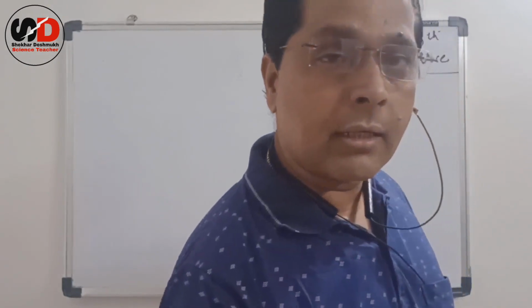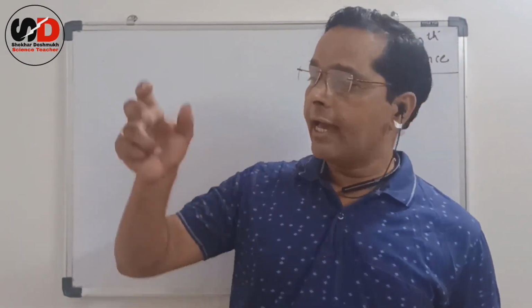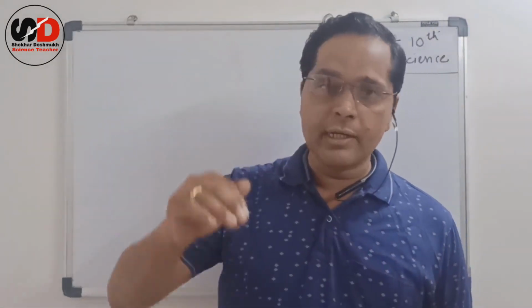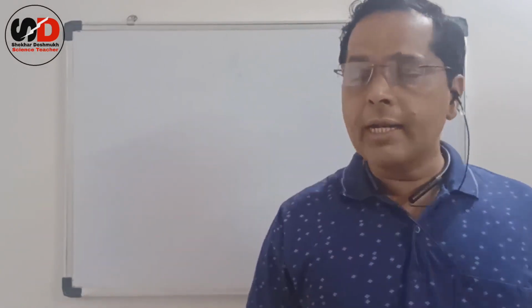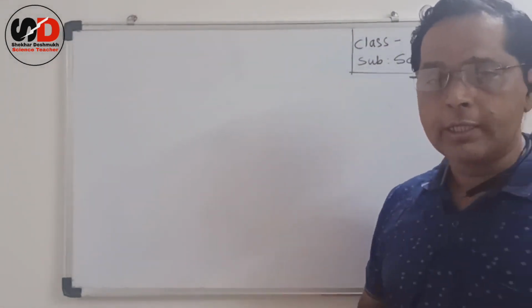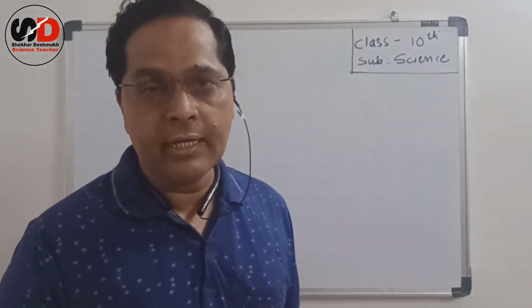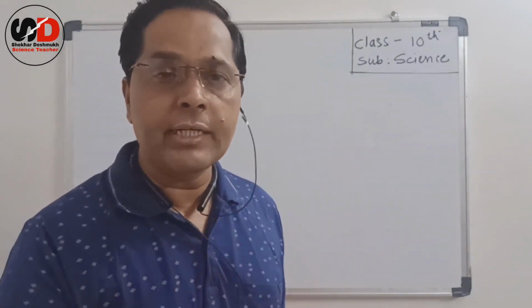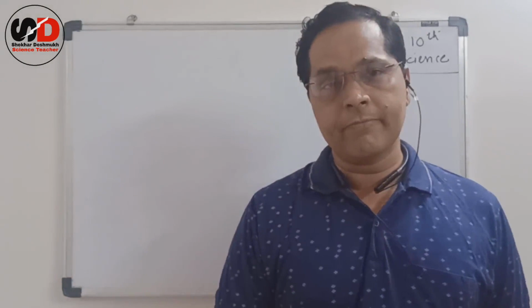Now write the answer. Whenever I release the ball, it definitely falls down. That is our observation. Then which forces are acting on that ball while falling down? Definitely only one force is acting, and that is nothing but gravitational force.